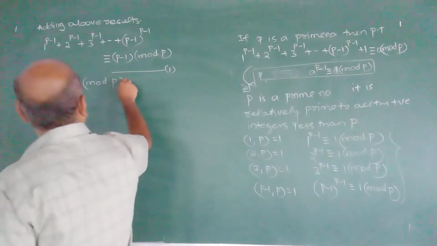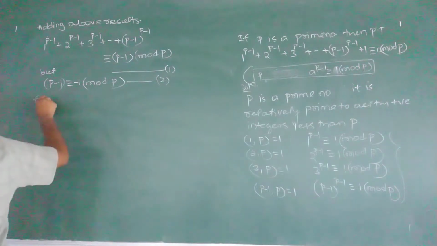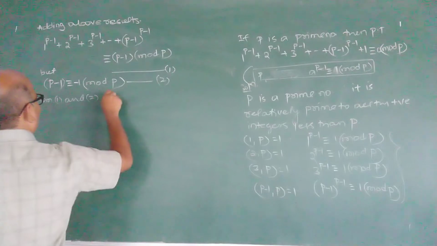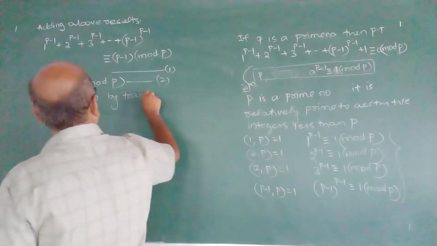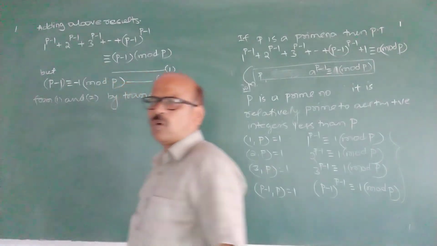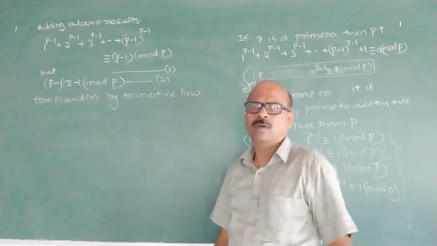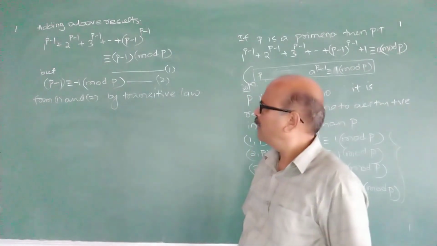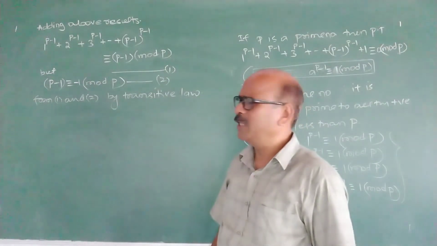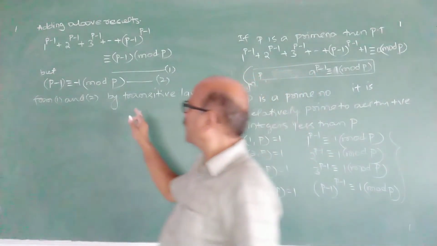Now take this as 2. From 1 and 2, by the transitive law, we have proved all these things. Congruence modulo M is, more correctly, an equivalence relation, therefore it is transitive.